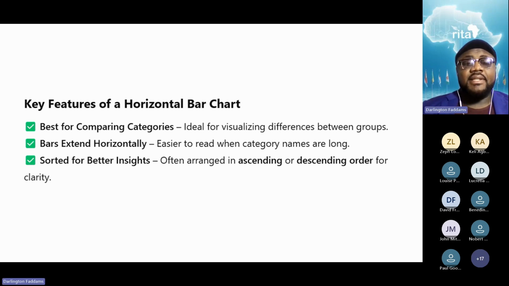So what you are comparing is easier to read, because when the names are long, they do well on horizontal charts. Sorted for better insight, often arranged in ascending or descending order for clarity. So most of the time they are arranged in ascending order or descending order.